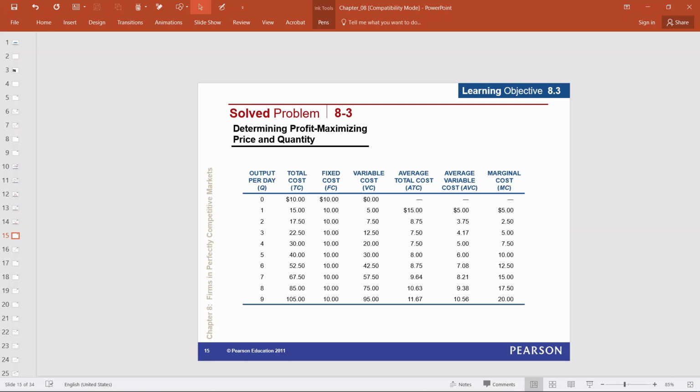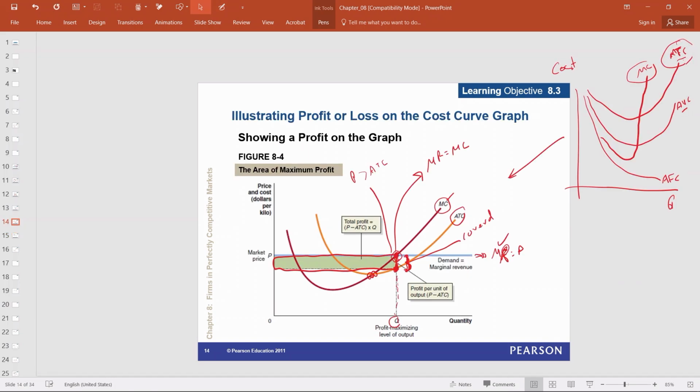Okay, this is another example. We did this before in previous chapters. This is about calculation of all indicators in the cost function, but we are not interested in this now. We'll go to the next slide, which is related to this one, but now we will use more curves.